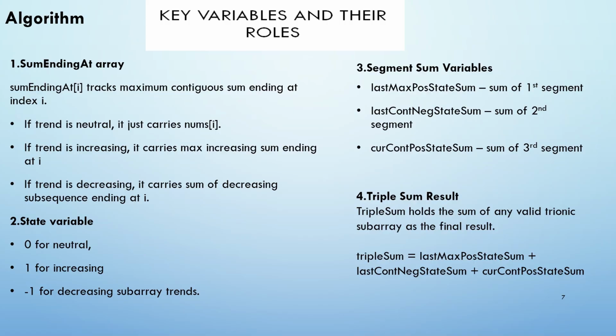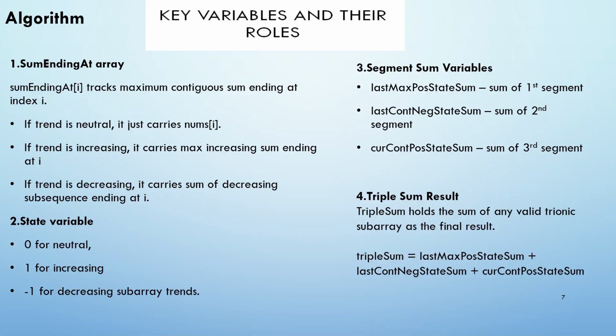If the trend is decreasing, it will store the maximum sum of the decreasing trend ending at that particular point, which is continuous. And if the trend is neutral, simply it will store the element itself.